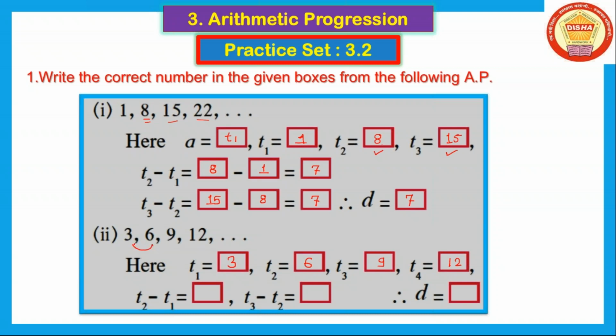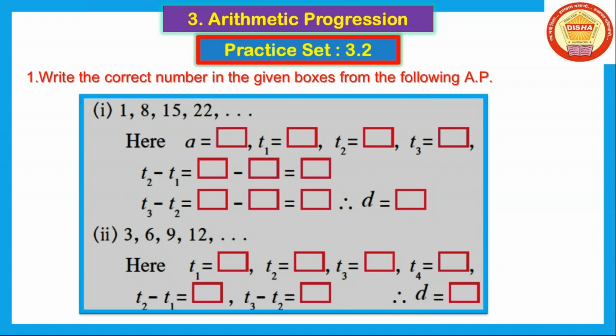T2 minus T1 means 6 minus 3, that is equal to 3. T3 minus T2, T3 is a 9, means 9 minus 6, which is equal to 3. Means here we find the difference between two consecutive terms is 3. Again here we find difference is 3. Therefore D is equal to 3.